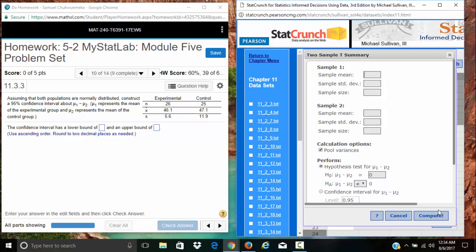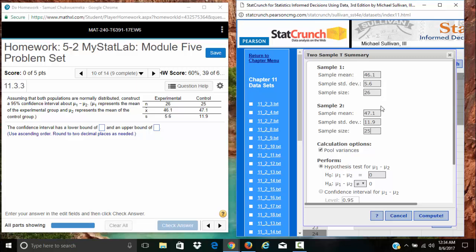Sample 1, the mean is 46.1. The standard deviation is 5.6. The sample size is 26. Sample 2, the mean is 47.1. The standard deviation is 11.9. And the sample size is 25. You see both of them do not have the same sample size.